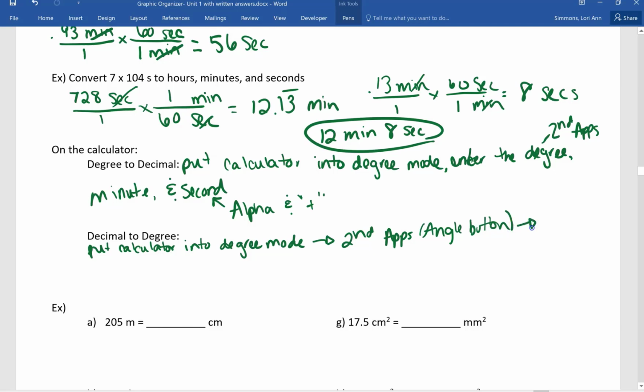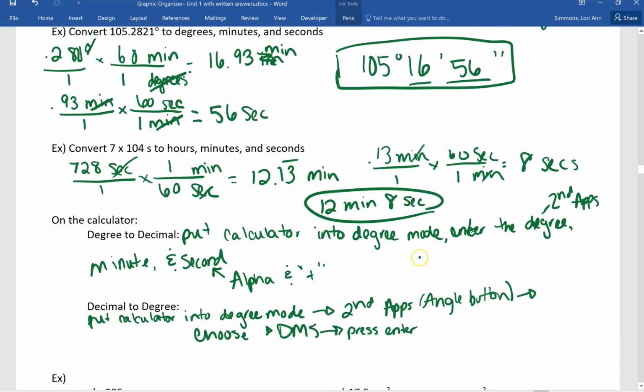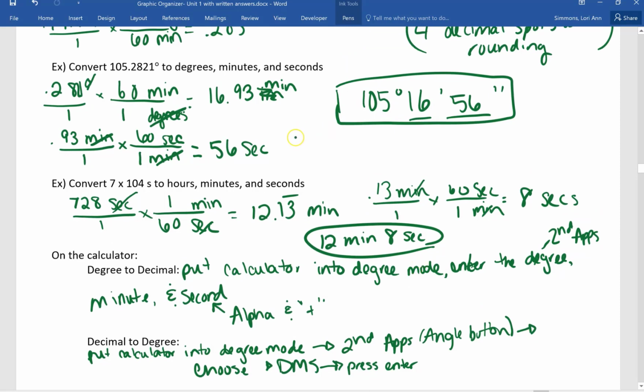And choose DMS. And press enter. So that is for decimal to degree.